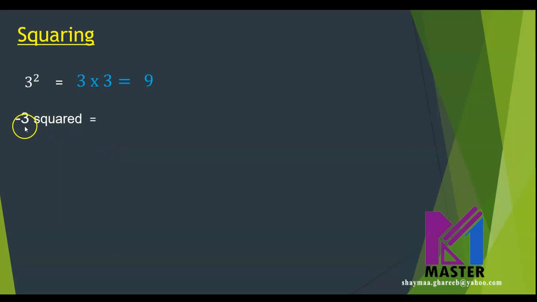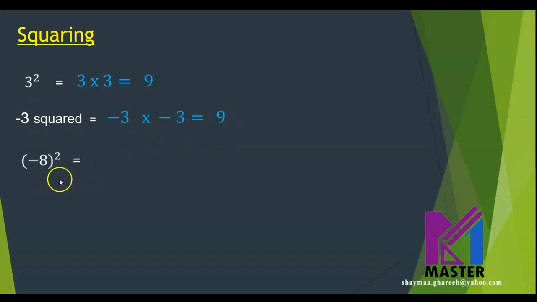The negative 3 is multiplied by itself. Negative 3 times negative 3. When we multiply a negative number by another negative number, the answer is a positive number. Then the answer will be 9 as well. So if I square a negative number, the answer is positive.